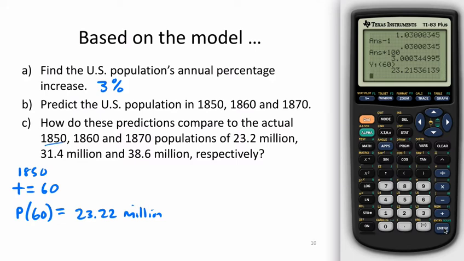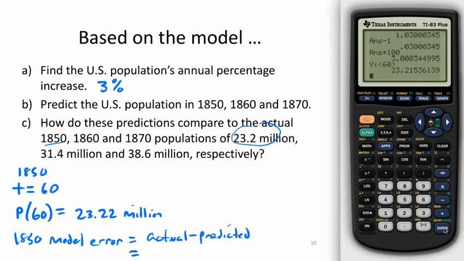Now, I'm going to go ahead and skip to the 1850 part of part C. How did that prediction come out? We know that according to the US Census, in 1850, the actual population was 23.2 million people. So the actual value is 23.2 million. So what is our model error? What's our 1850 model error? Well, it's equal to the actual value minus the predicted value.